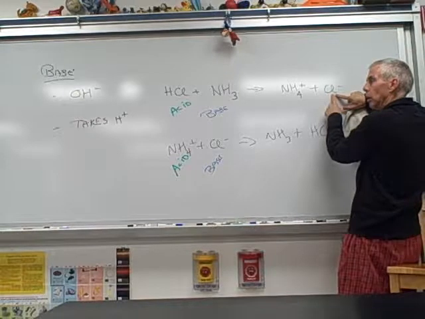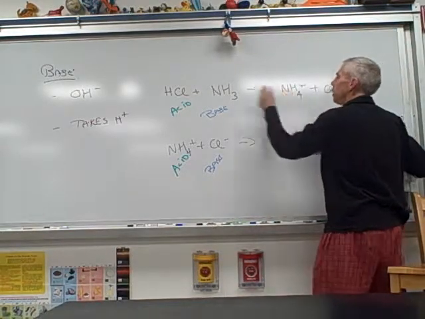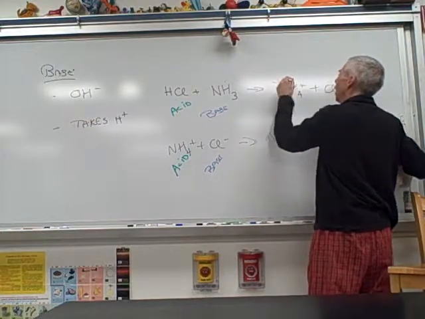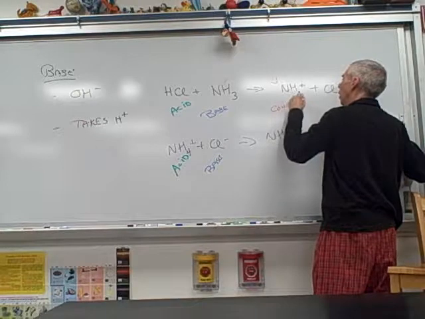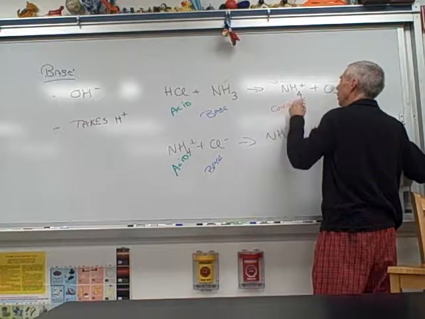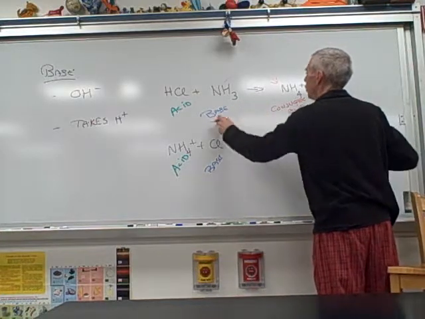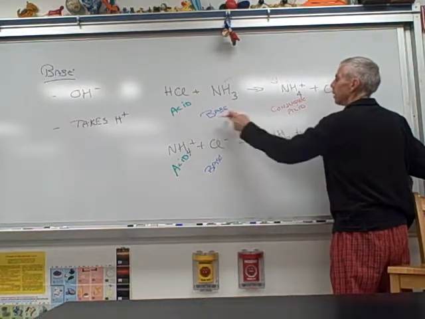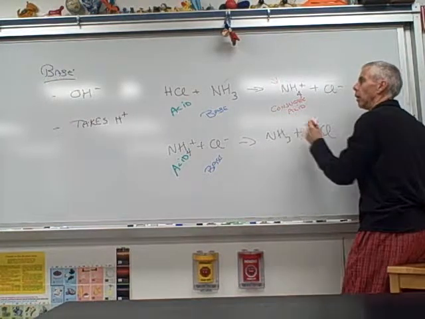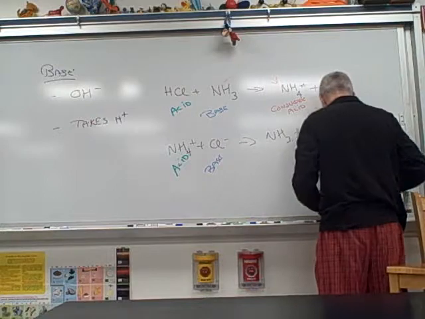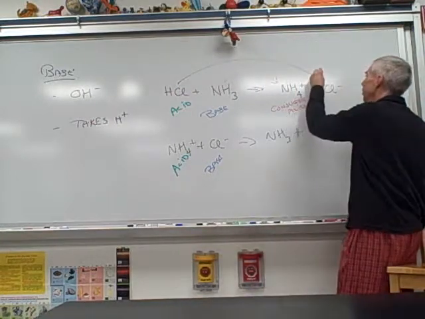True? Okay? So what they call that is they say ammonium ion is the conjugate acid to NH3. And these 2 are considered a pair. That's a base, that's its conjugate acid. Same thing here. HCl was an acid.